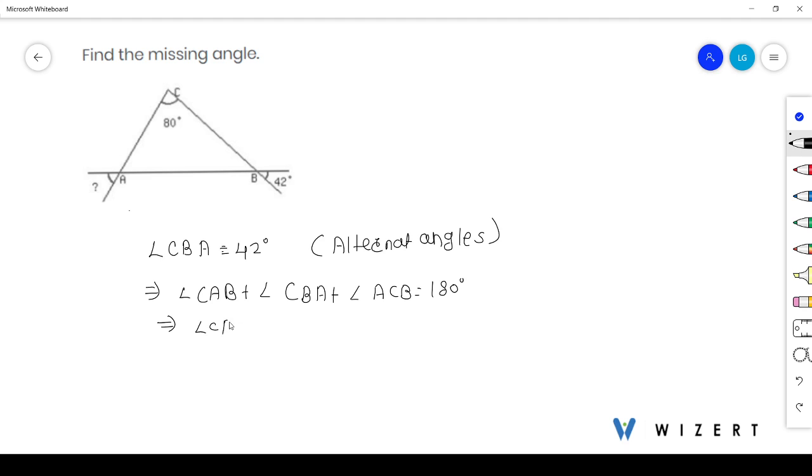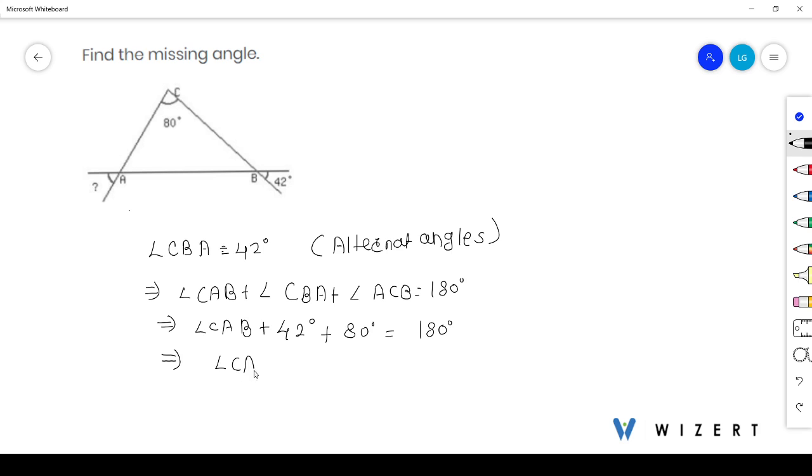angle CAB plus angle CBA, here CBA we found it as 42 degree, plus angle ACB we have given which is 80 degree equals 180 degree.